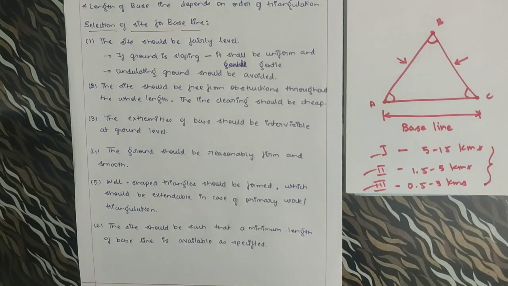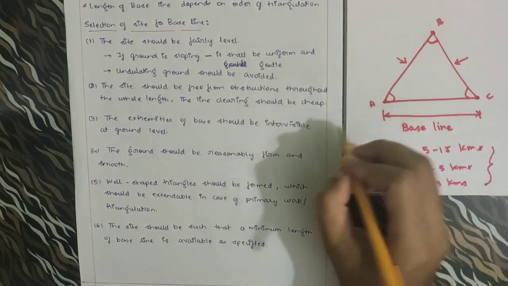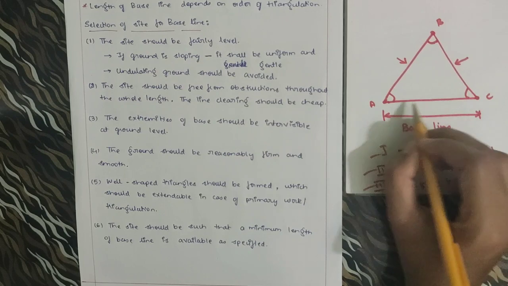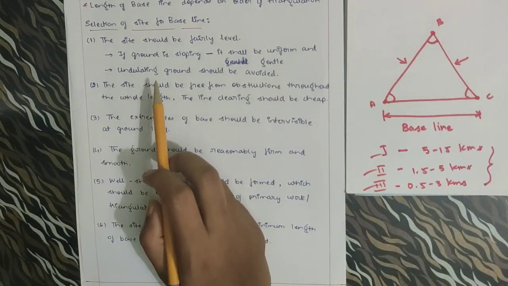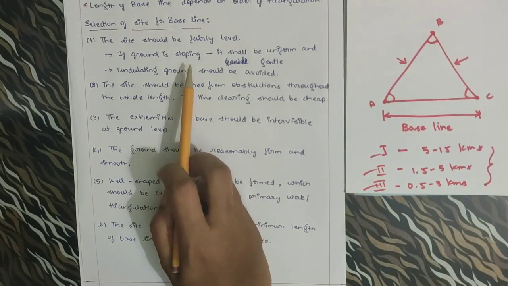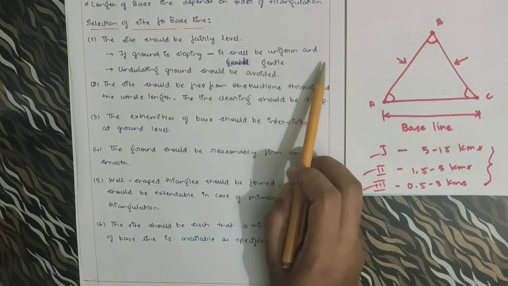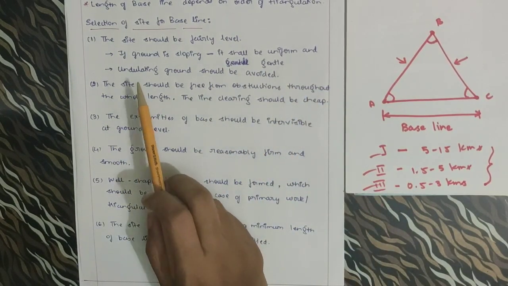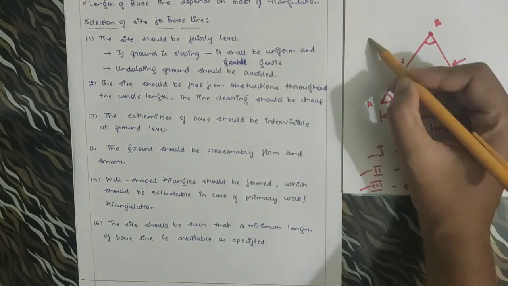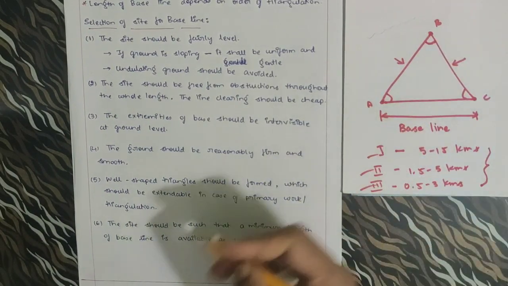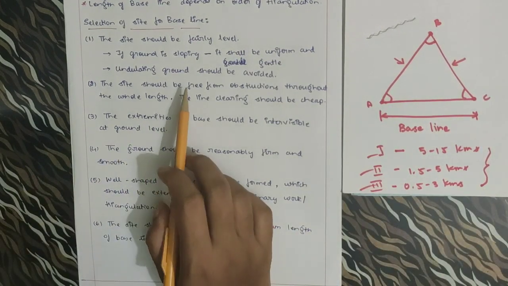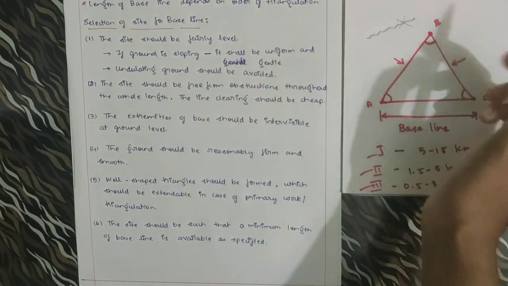If the ground is sloping, it should be uniform and gentle. If you have undulating ground like this, it should be avoided.